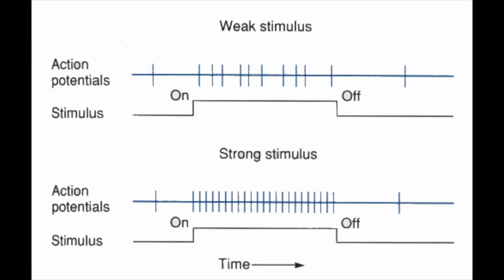An action potential is an all or nothing thing, and it's a question of how many of them happen per second. How many action potentials travel down the axon per second is called the firing rate of that nerve cell. And that can be up to about 200 hertz. That's 200 action potentials per second. And that can speed up and speed down.